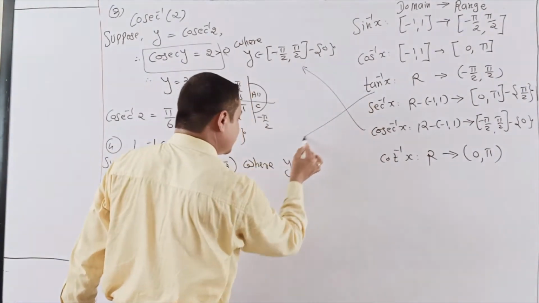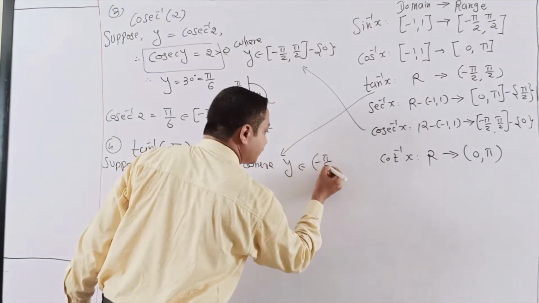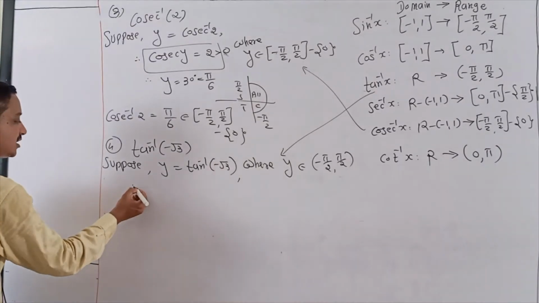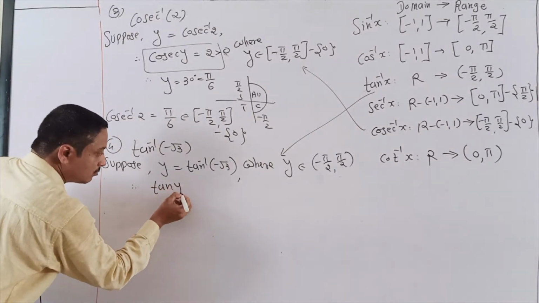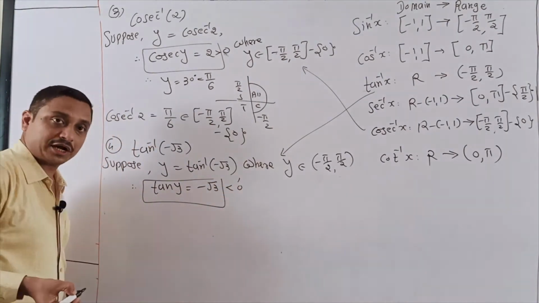This is your tan inverse range, students: minus pi by 2 to pi by 2 in open brackets. That's your final range. So what is tan y? Minus root 3. And wait, it is less than 0, negative.